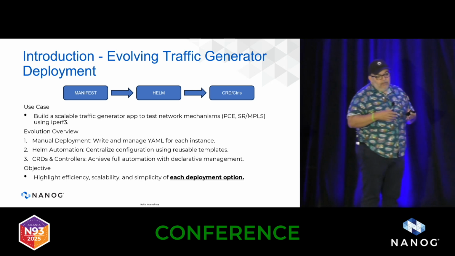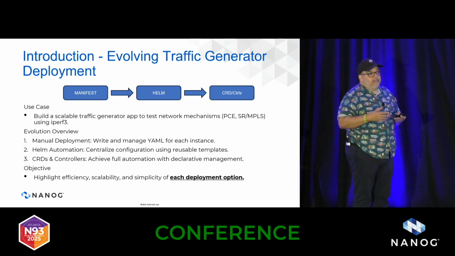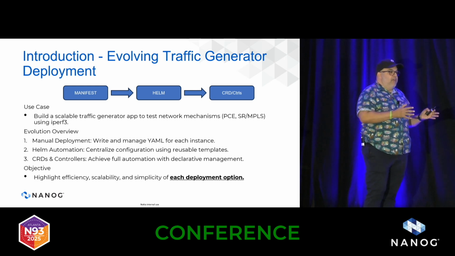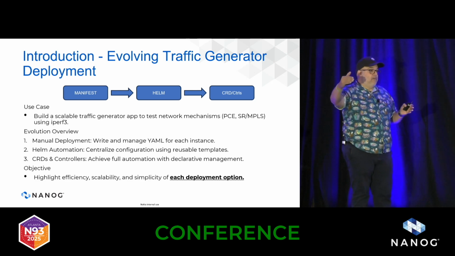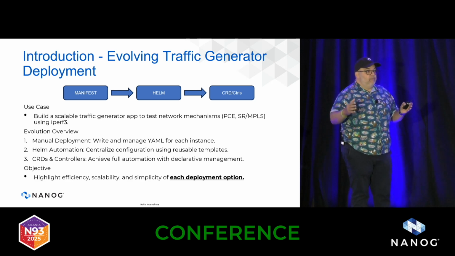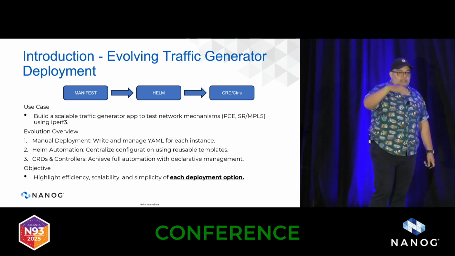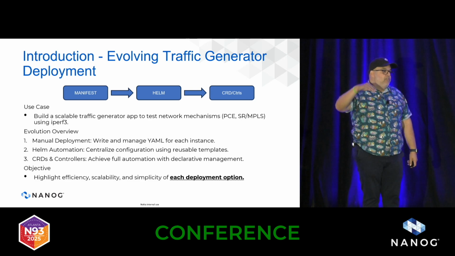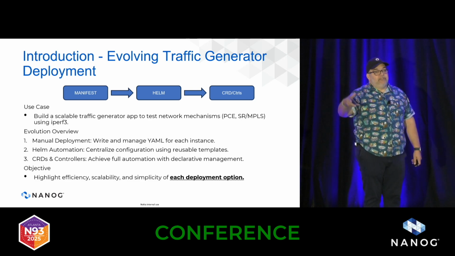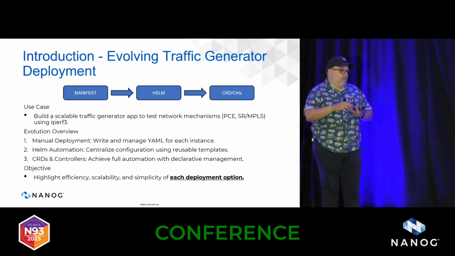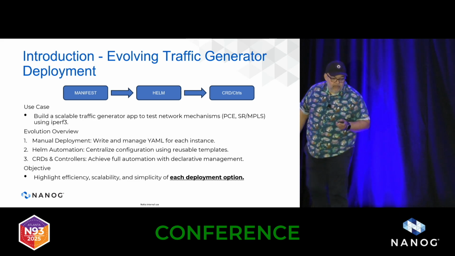This gives us a little bit of flexibility in terms of scaling, because we can reuse the same template to create multiple instances of that traffic generator. We rely on a values.yaml file where you store all the values of the different parameters that your traffic generator is going to take, depending on how many instances or how many flows you want to create.